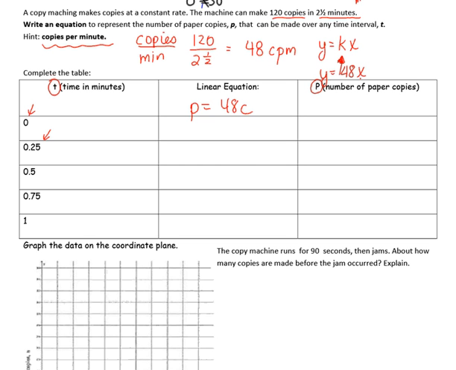We're supposed to be using P for copies, so I'm going to change that. P for copies and T for minutes, so our y value will be P and our x value will be T.